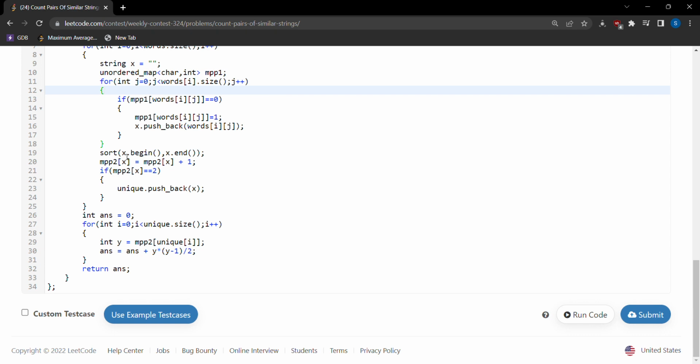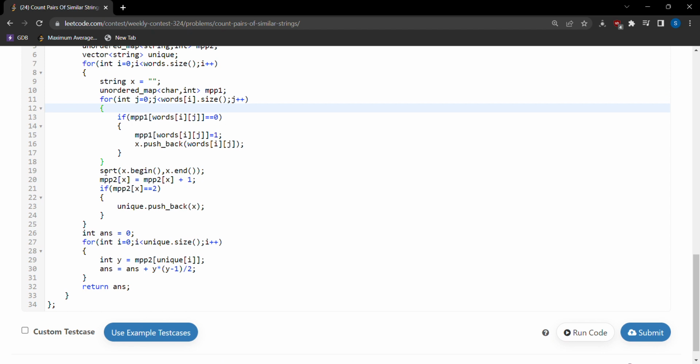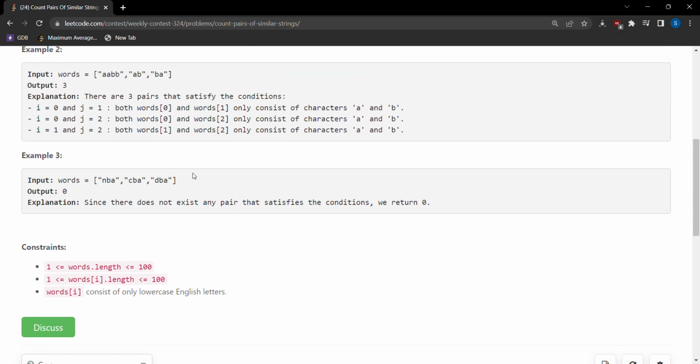Now why are we doing this sorting? We could have just not sorted, right? But what is the need to sort here? This is done because, for example, you can choose this example, this particular word would give us the unique character string x as ab, right?